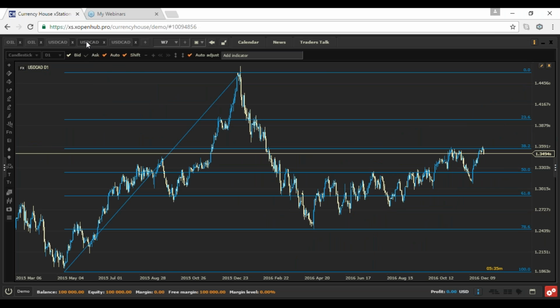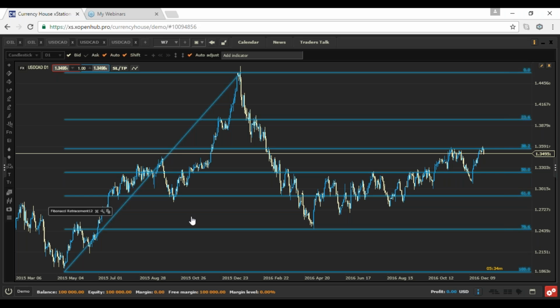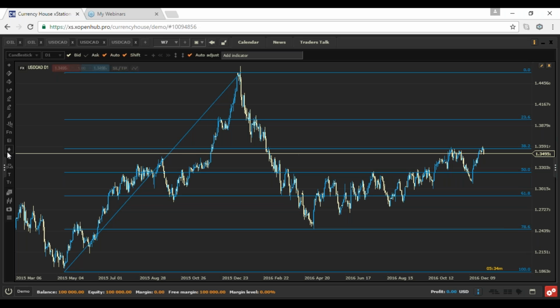Let's switch to another chart, which is a daily, and again the Fibonacci retracement. We can see an uptrend here from May of 2015, and you can see that after this huge movement, we had the retracement down to 78.6% of this move.